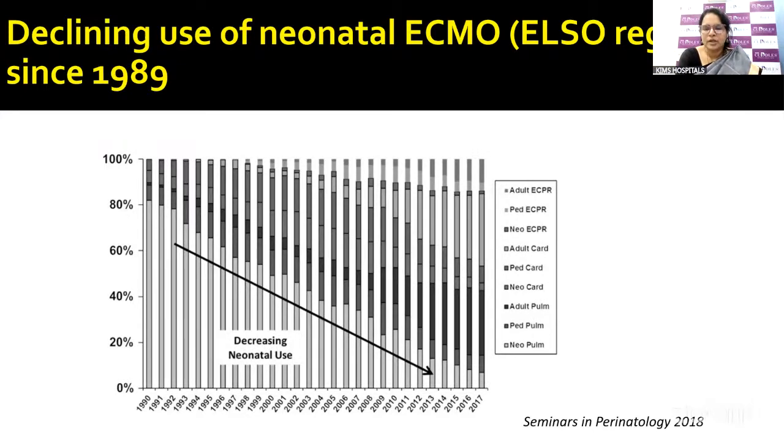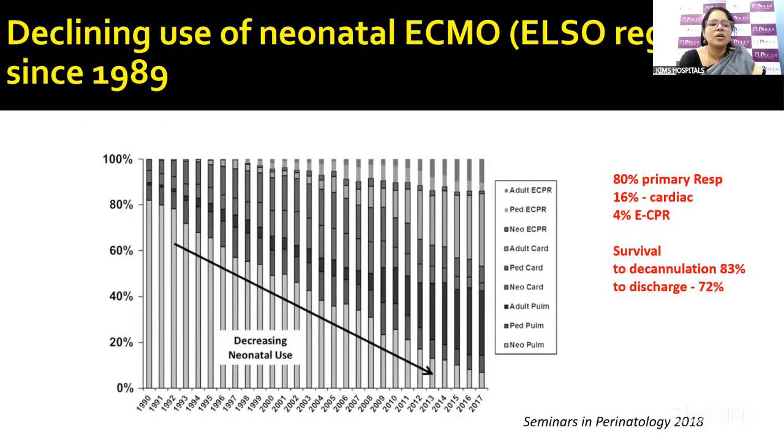Neonatal ECMO, both pulmonary and cardiac indications, is accounting for a lesser and lesser proportion of total ECMO runs. And this data is readily and freely available in the ELSO registry, which is the Extracorporeal Life Support Organization, which maintains a registry since 1989. We can see that although earlier neonatal ECMO was accounting for a significant proportion of total ECMO runs, now that is not the case.